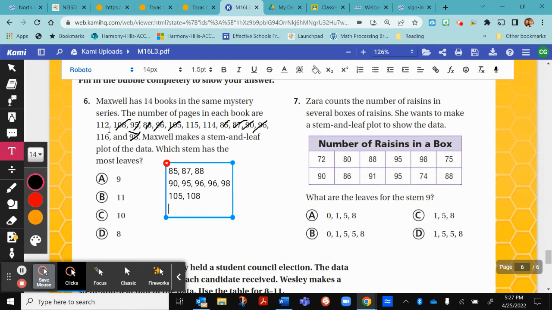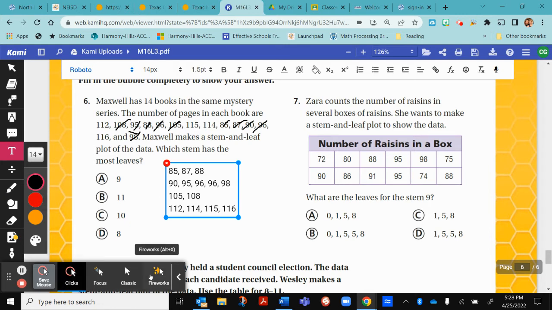So I have a 112, 114, 115, and 116. There we go. All right, I'm just going to double check that I have 14 numbers. 1, 2, 3, 4, 5, 6, 7, 8, 9, 10, 11, 12, 13, 14. Yay, we are correct.